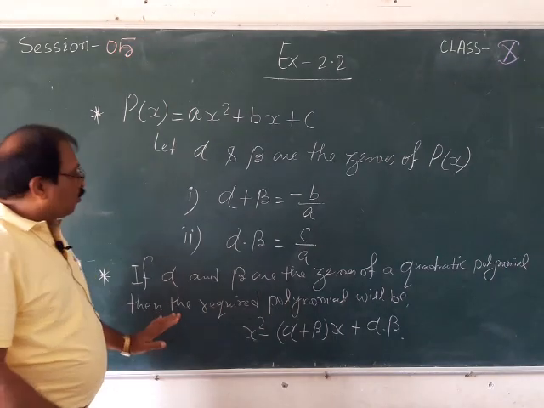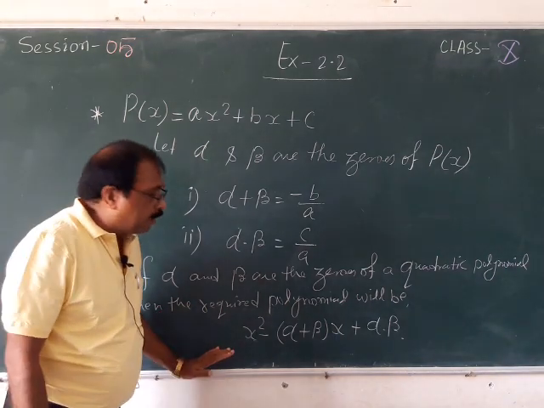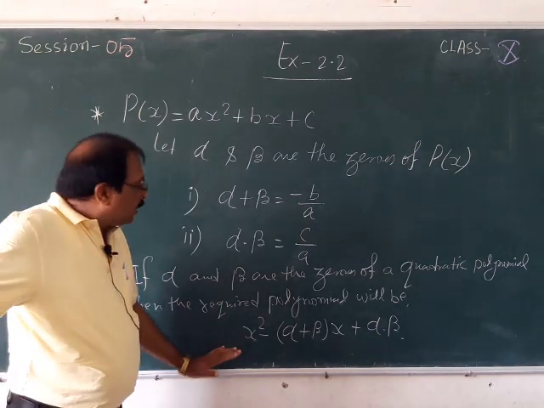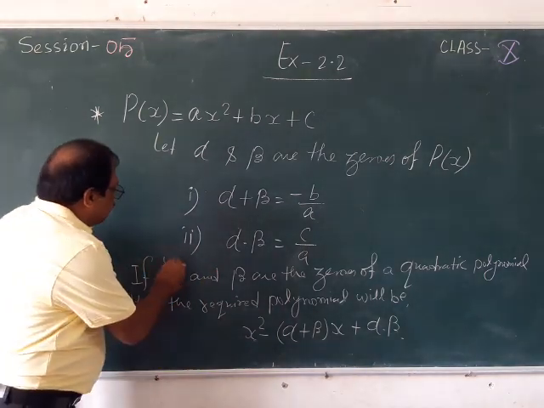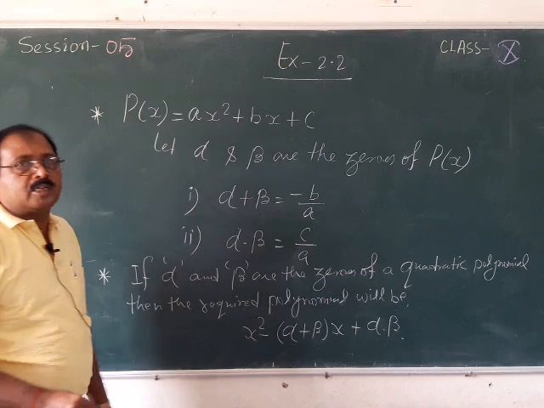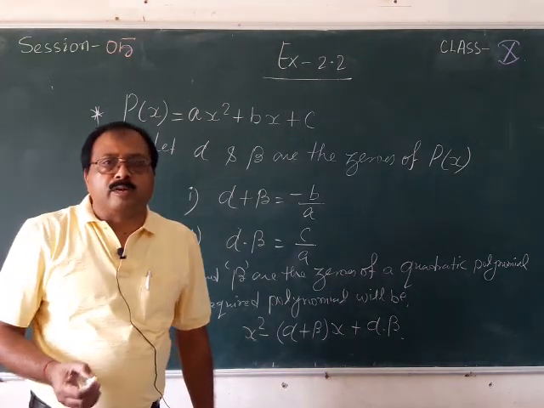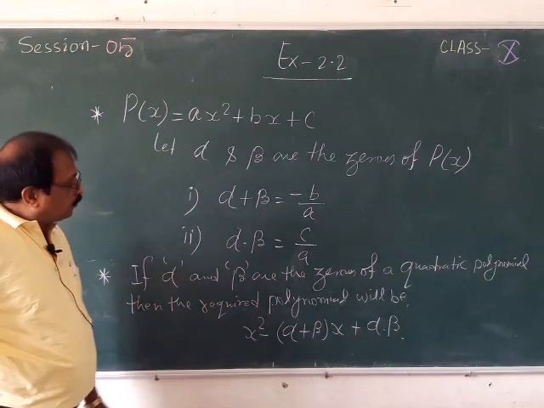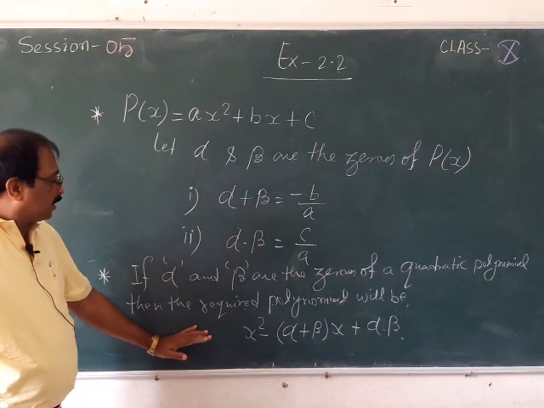This formula or this relation will help you to find a quadratic polynomial when alpha and beta are known. That means if the zeros of a quadratic polynomial are known, then you can frame a quadratic polynomial by using this relation.